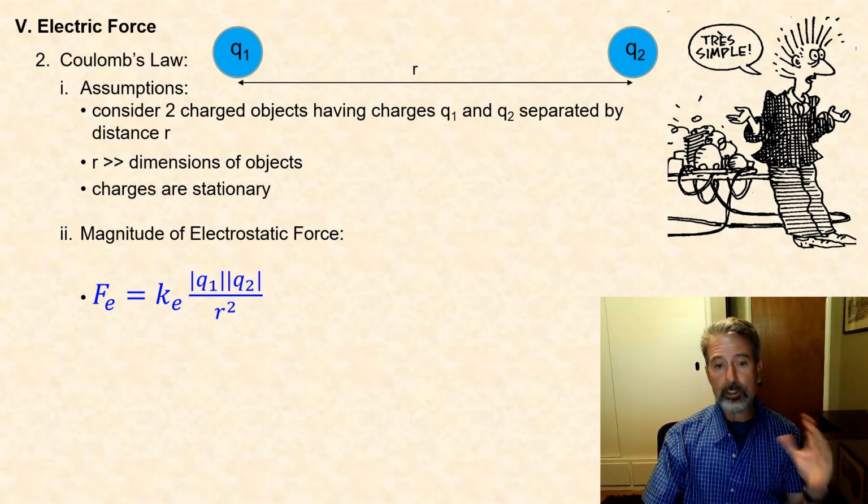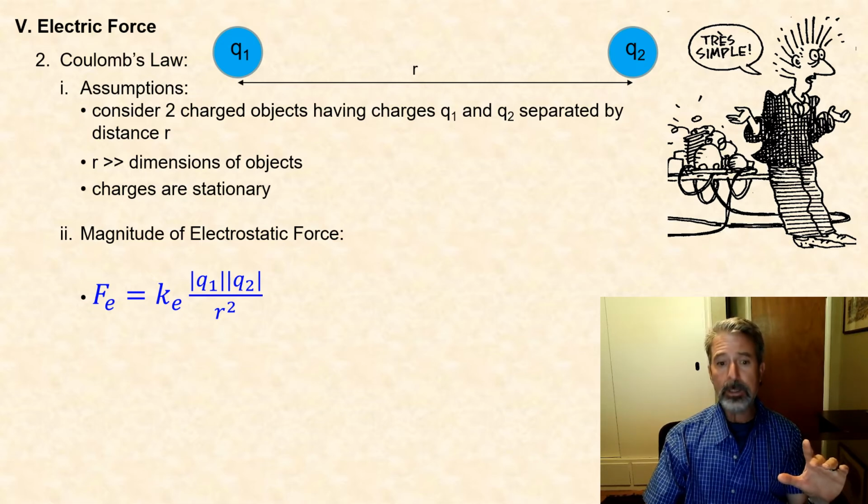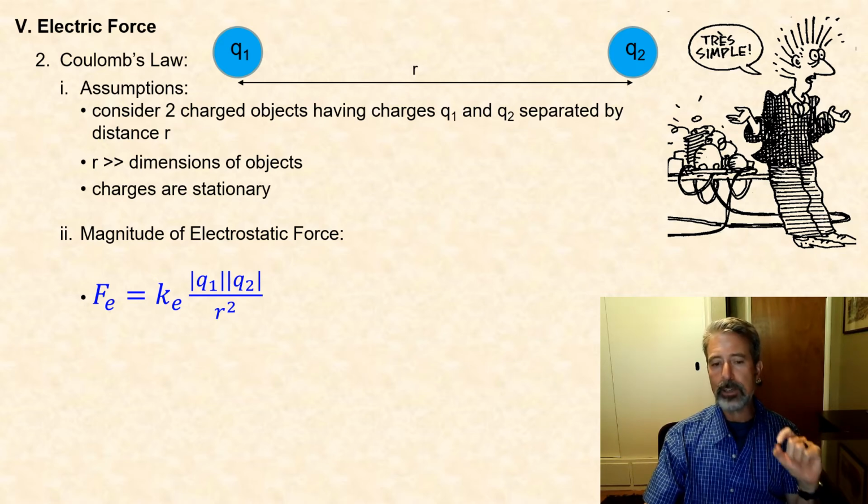So we see here that just as in Newton's law of universal gravitation, where we had an inverse square law, Coulomb's law is another example of an inverse square law. The force gets weaker as the square of the separation distance.